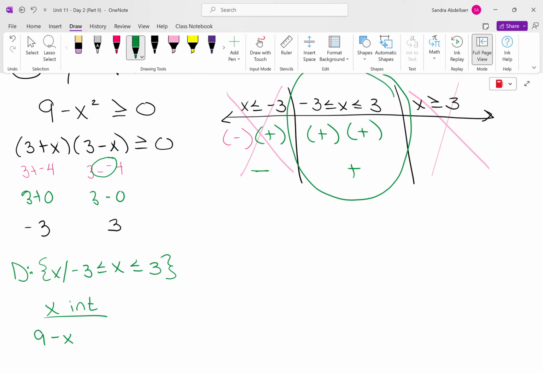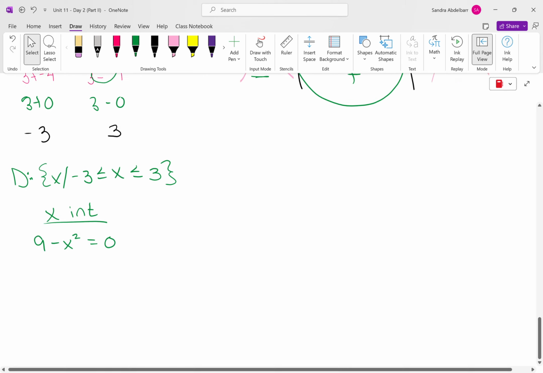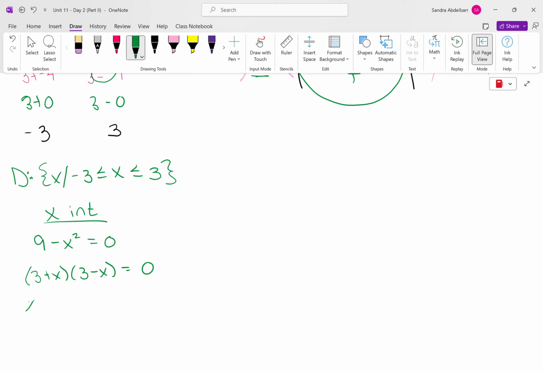All right, let's find our intercepts. So we have 9 minus x squared equals 0. (3 plus x)(3 minus x). So we get x equals -3 and +3.